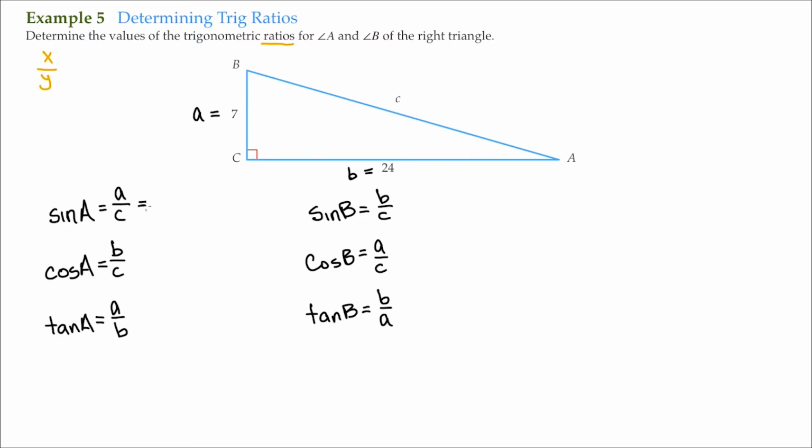So this, A, which is 7, over the hypotenuse. Now the hypotenuse we don't know. But we can use the Pythagorean Theorem to help solve for it, right? So that's A squared plus B squared equal to C squared. And of course, if we use some algebra, we solve for C. It's going to be equal to the square root of A squared plus B squared.